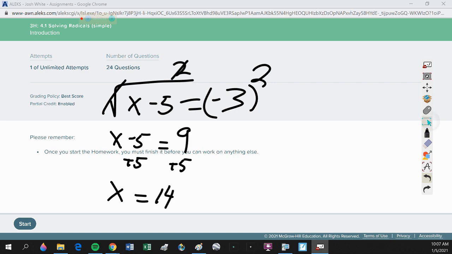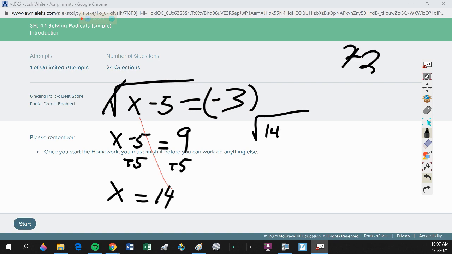Okay, let me get rid of this stuff. Watch what happens when I plug in 14. So I'm going to put 14 right there. The square root of 14 minus 5 is the square root of 9, and that equals 3. What do you notice?